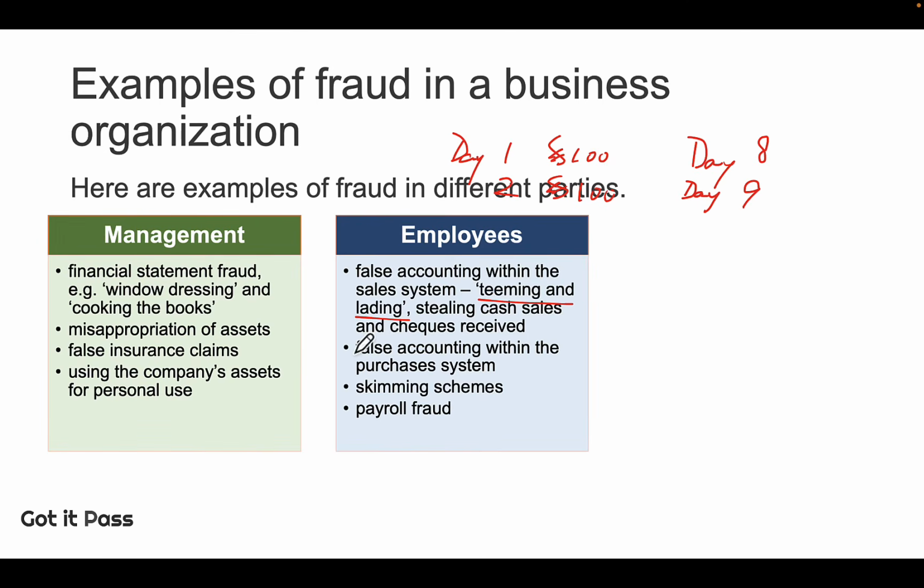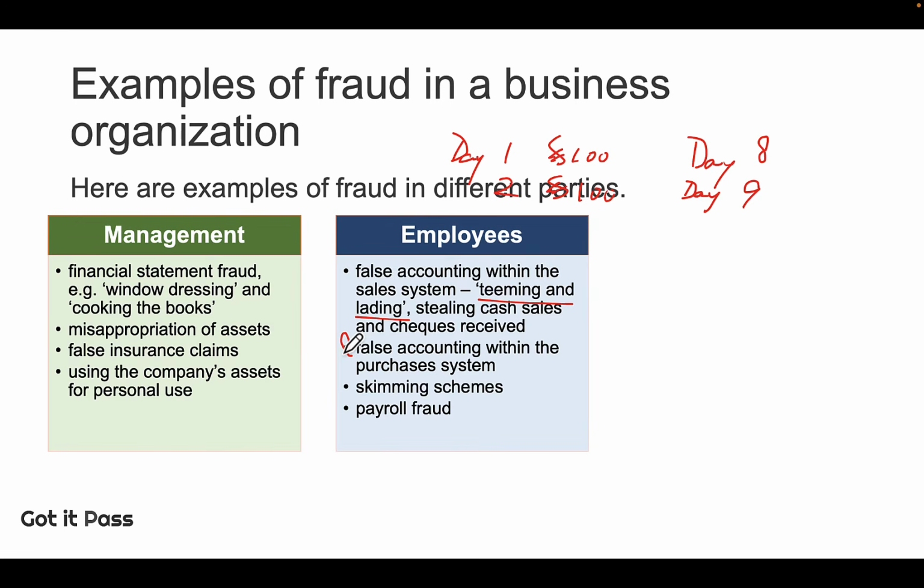And next, the false accounting within the purchase systems. So, like the procurement staff, they can issue a purchase order to a supplier. The supplier issues 2 purchase invoices to them.